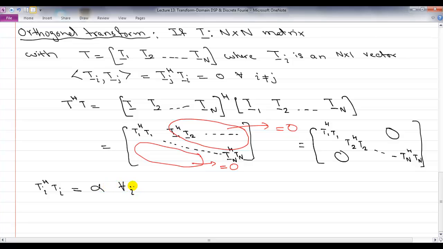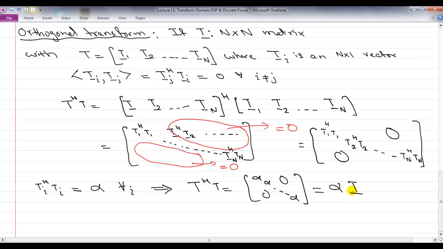In that case, T Hermitian T is simply alpha, alpha, alpha on the diagonal and 0 everywhere else, which is simply alpha times an identity matrix.